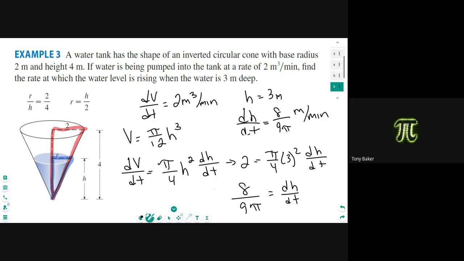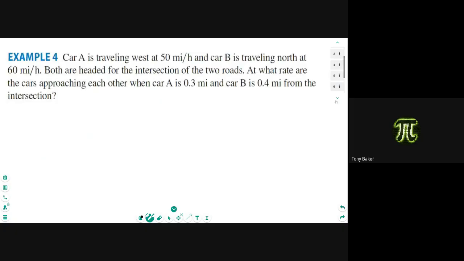All right. That makes sense? Okay. All right.